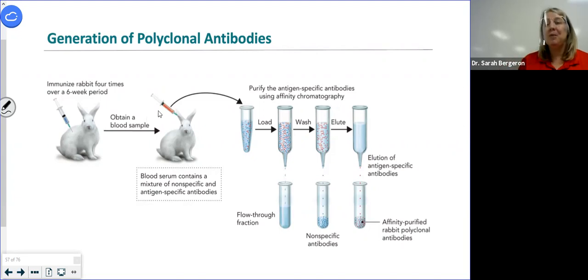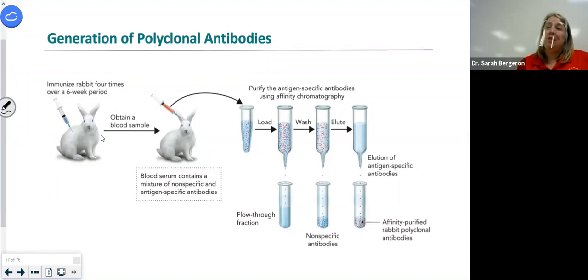So we need an animal that will make antibodies. It could be a rabbit. It could be a mouse. It could be a donkey. It could be a chicken. There are all kinds of different animals that you can use, but you immunize this organism. And you do it a couple of times over about a 6-week period.